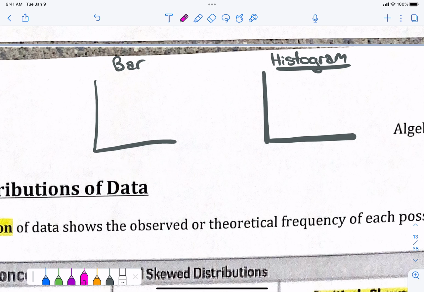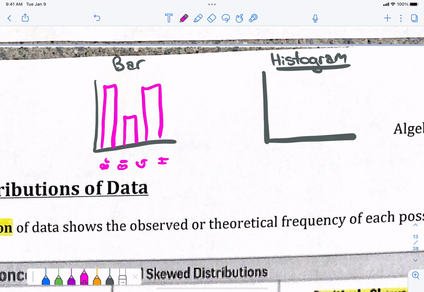They might be eye color, like brown and blue and green and hazel, and then you would have this many brown and this many blue and this many green and this many hazel, right? That's what our bar chart would be. And these are all categories. It's categorical data. That's what a bar chart usually does for us.